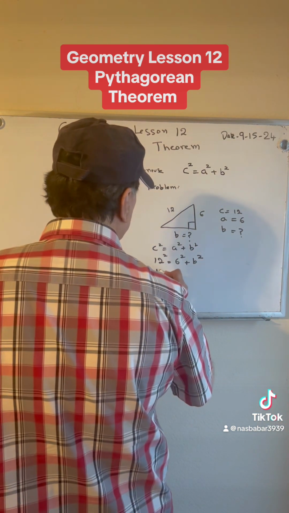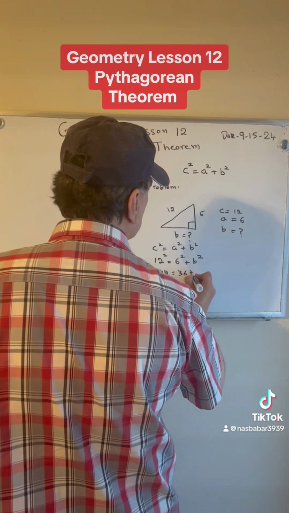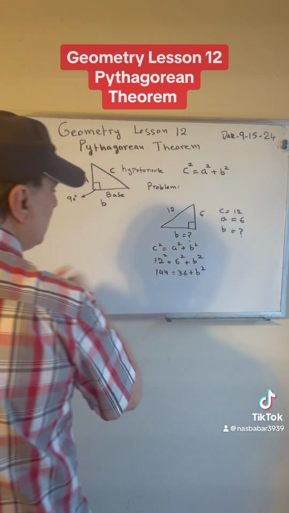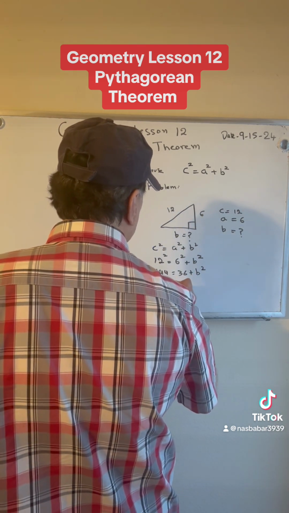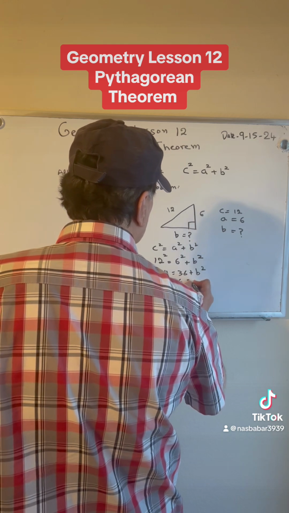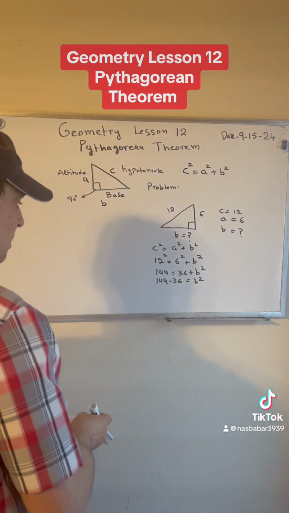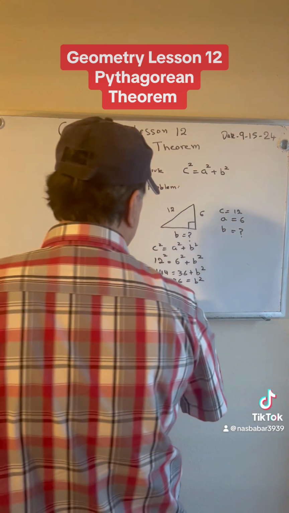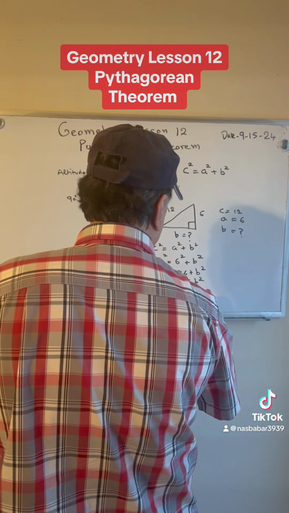This is 144 is equal to 36 plus B square. Bring 36 to the left hand side, so it's going to be 144 minus 36 is equal to B square. If you subtract 36 from 144, you get B square is equal to 108.